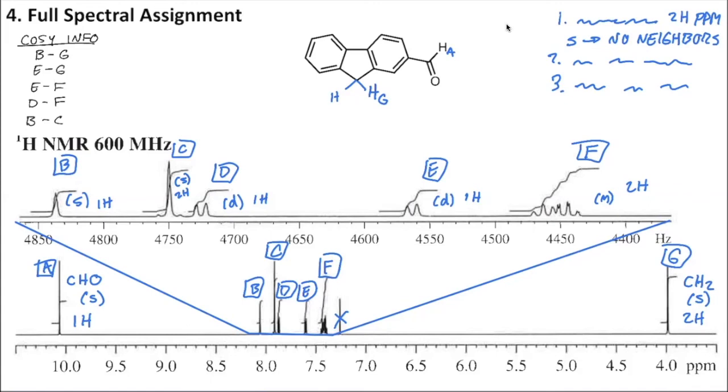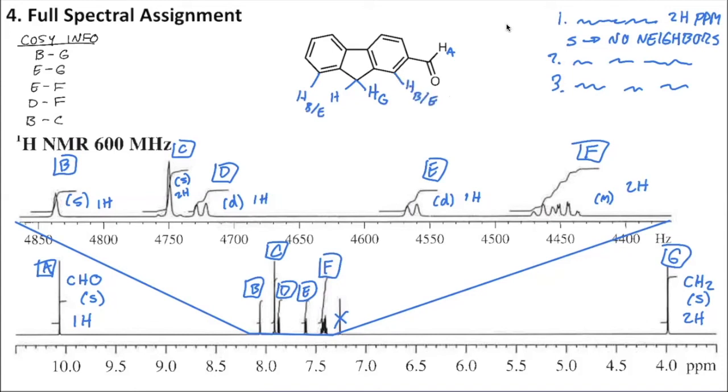So we know that both of the HGs are going to be split by two different things, and that's here. So G is split by B, and G is also split by E. So that means this proton here is either B or E, and this proton here is either B or E.